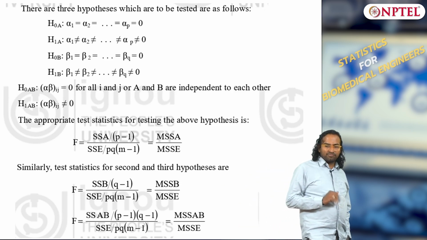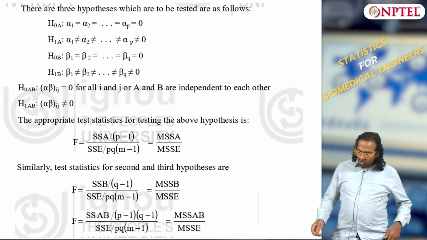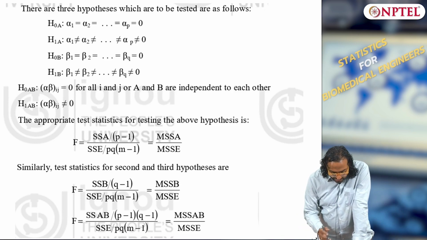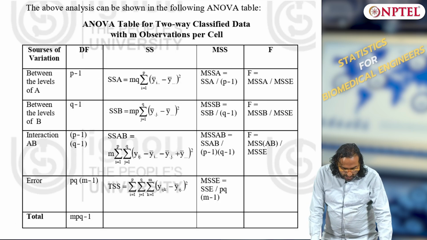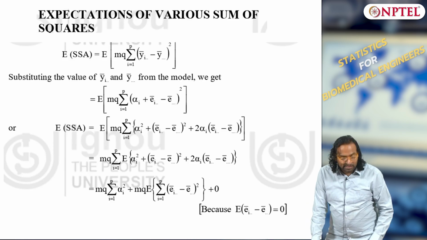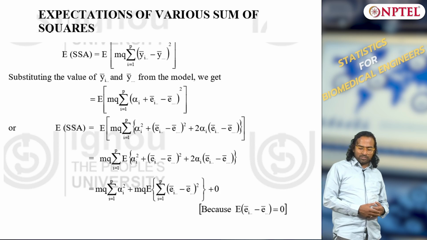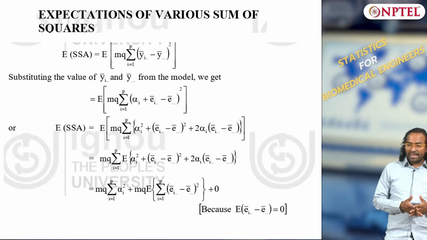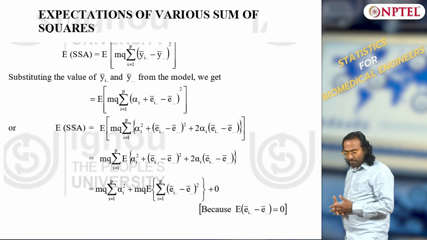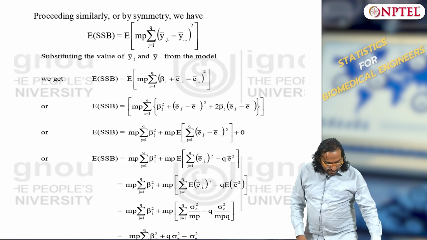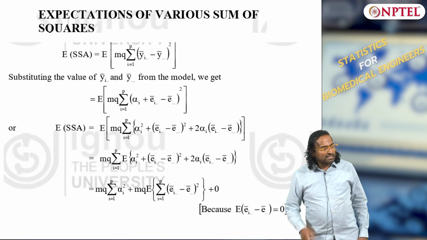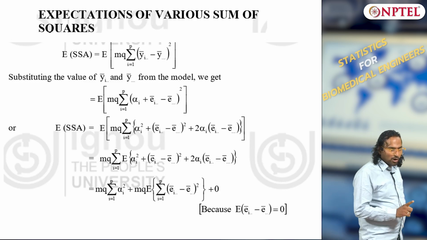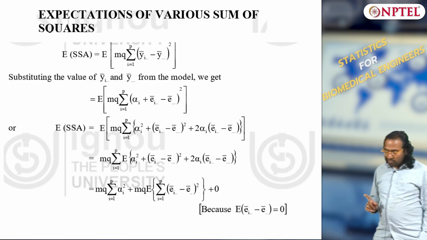Clear. And then we have the test statistics. Before doing that we need to know the expectation of SSA, etc.: the expectation of the mean squares due to treatment A, treatment B and treatment AB. I have derived this for ANOVA, and we can do the same here. So how do you start?